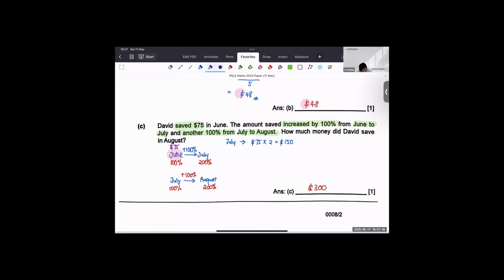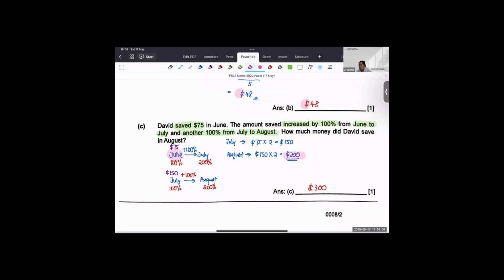So now the value is $150. Since $150 is 100%, you need to make it 200%. So what do you do to find August? You will take $150 times 2, which will give you $300. That's how you get your answer for part C.